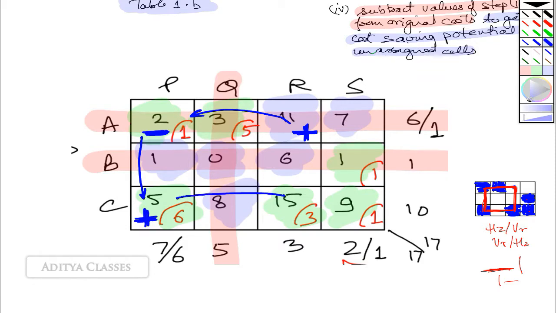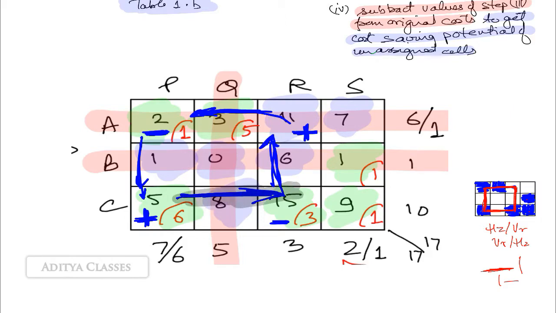From this vertical, I am making a horizontal, vertical, horizontal, and last one would be your last vertical move. So if you make these moves, what I am doing? Horizontal, vertical, horizontal, and finally vertical, and I am putting alternate plus and minus signs.